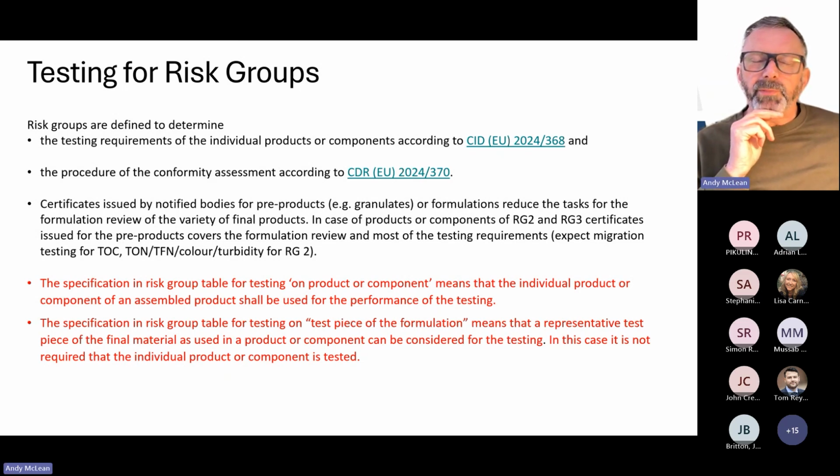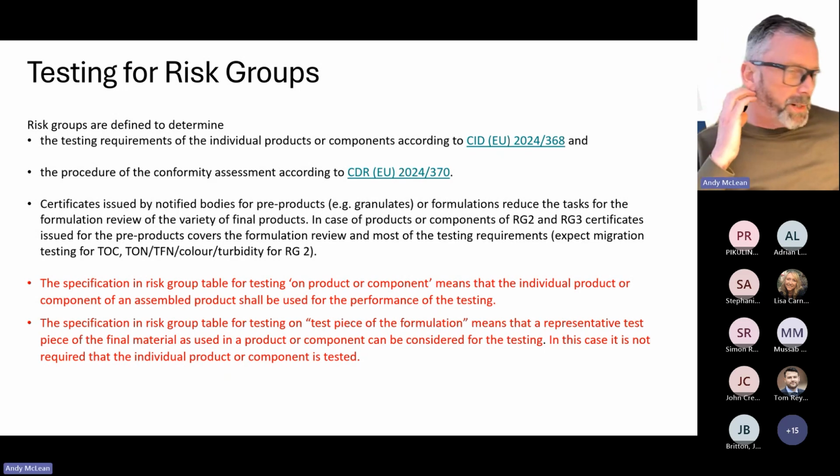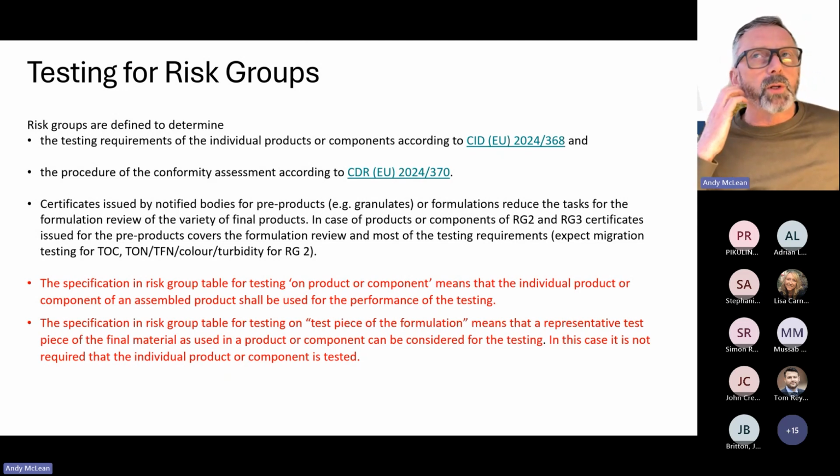And I think the difference there is it's a lot easier to test a sample than it is on the product in most cases, because I think you have to bear in mind as well that a lot of these materials, when we talk about testing them, they will be done possibly in isolation. So it's not necessarily a case of testing the product as a whole item, if you see what I mean.